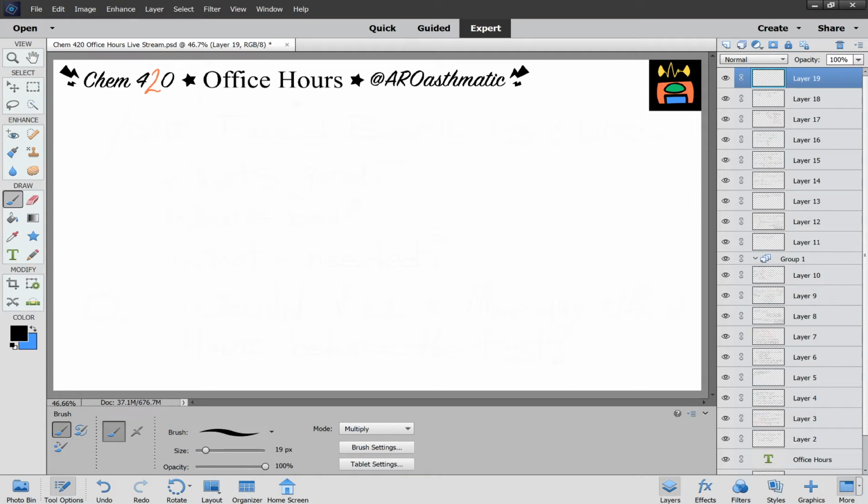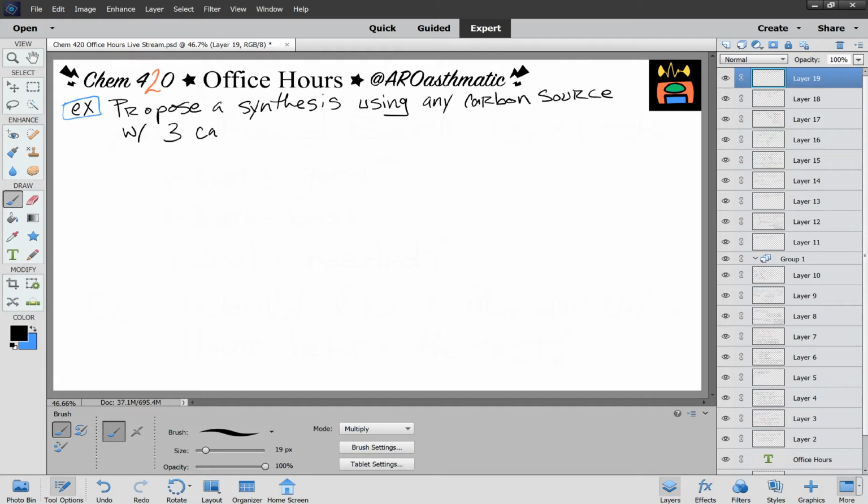So here's the problem. Propose a synthesis using any carbon source with 3 carbons or fewer.